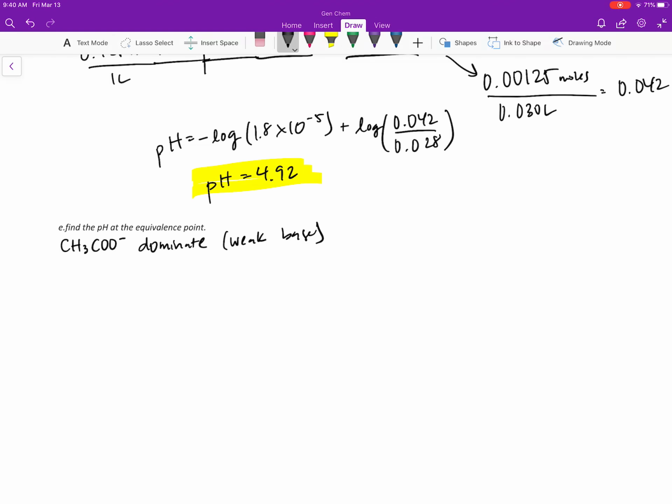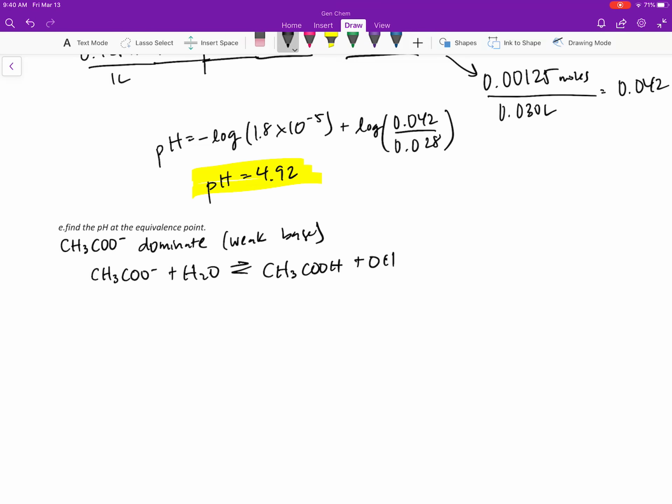If I was titrating with an acid, then it would be the opposite. Okay, so this is going to dominate the reaction that's occurring at this point because the predominant species is now the opposite.